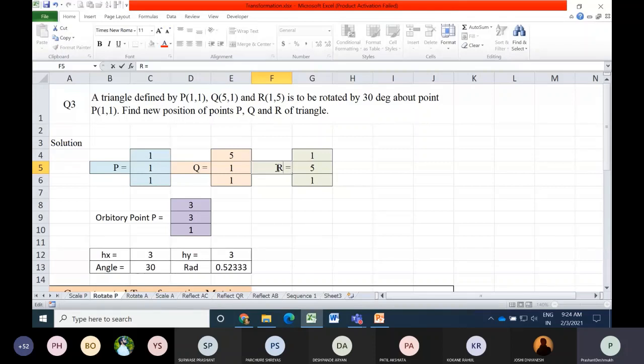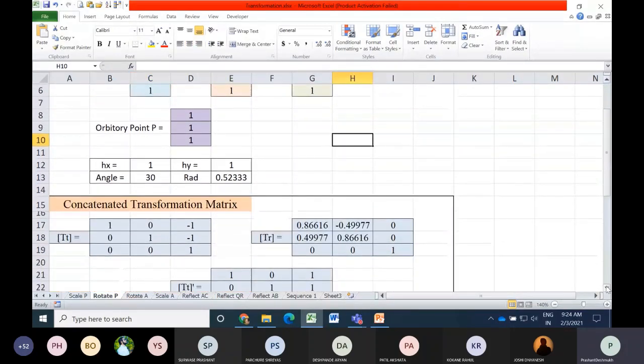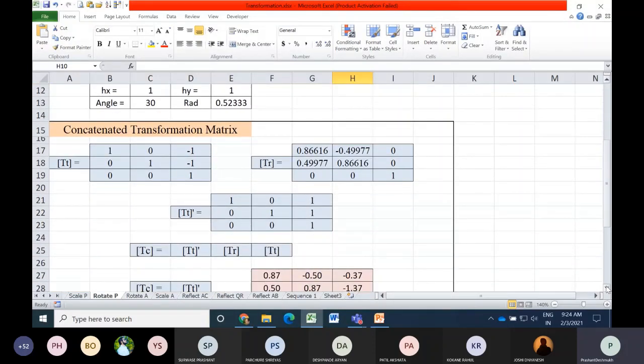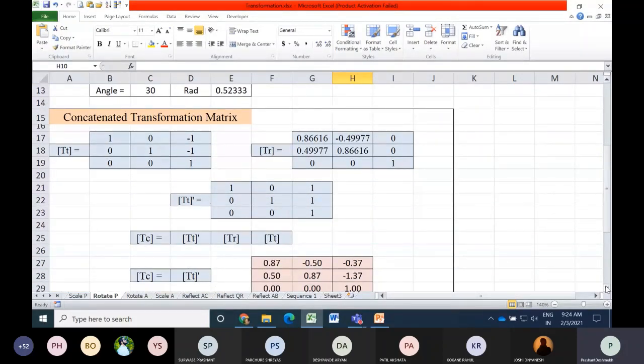Rotate about point P, that is 1, 1. Now this angle is the 30-degree radian value. First step. We have seen in the last lecture, the sequence will be translate, rotate, inverse translation, from right hand side to left hand side.